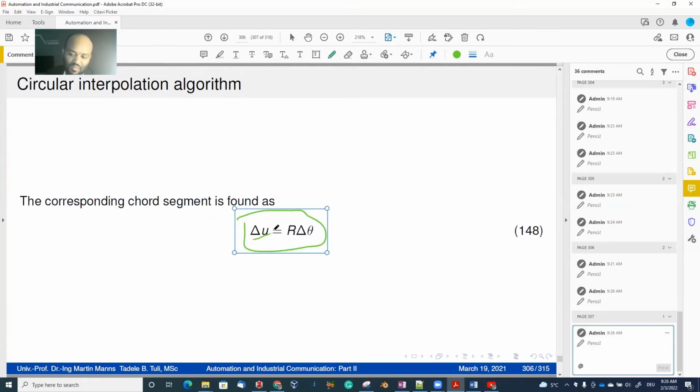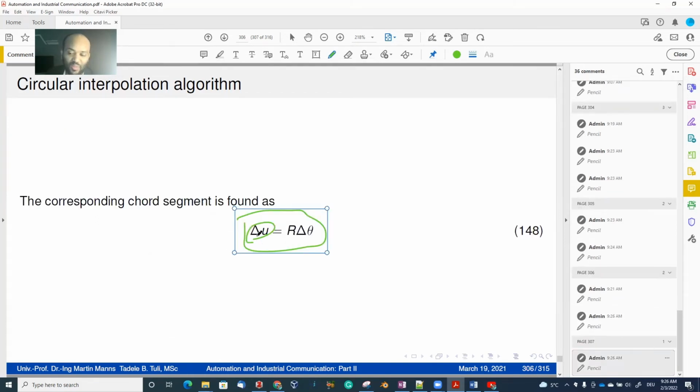This is the same thing: arc length equals theta times r, for a very small segment.